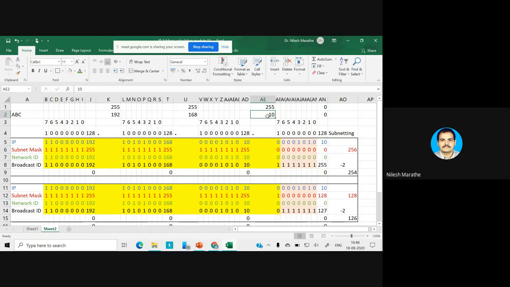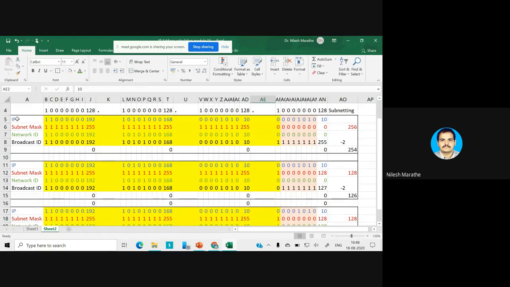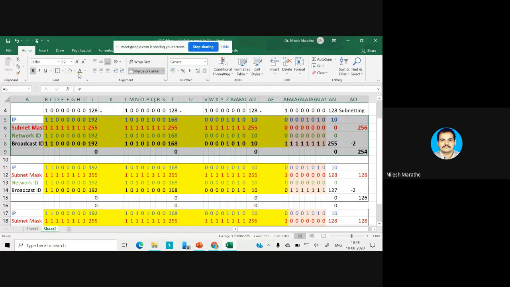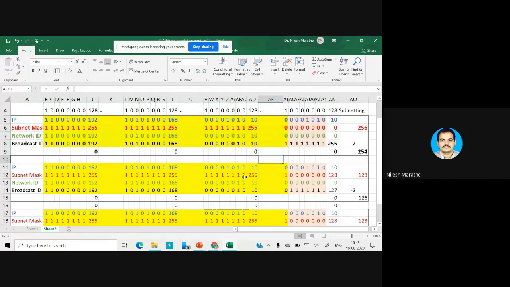Okay. Now what I said here. Now this is what allocated to me by my ISP provider, let's suppose. And I want to make it into two equal size portions.